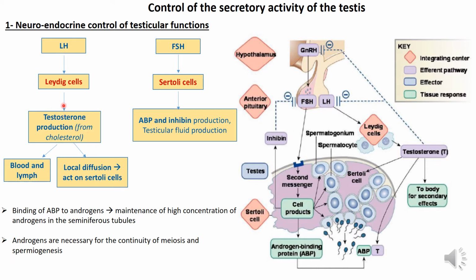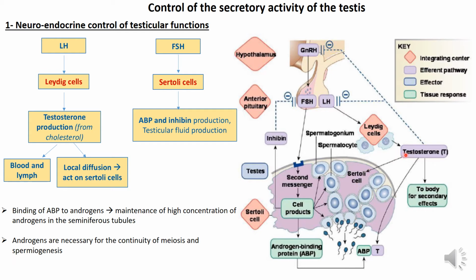Once this testosterone is produced by the Leydig cells, a big part of it will pass into the blood circulation, and part of it will go inside the seminiferous tubules to act on the Sertoli cells, because the Sertoli cells express receptors for testosterone, so they can be stimulated by it.